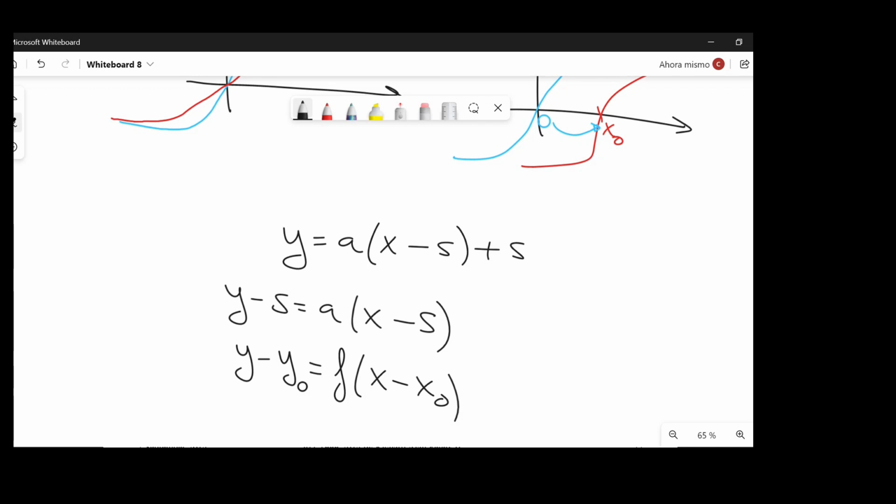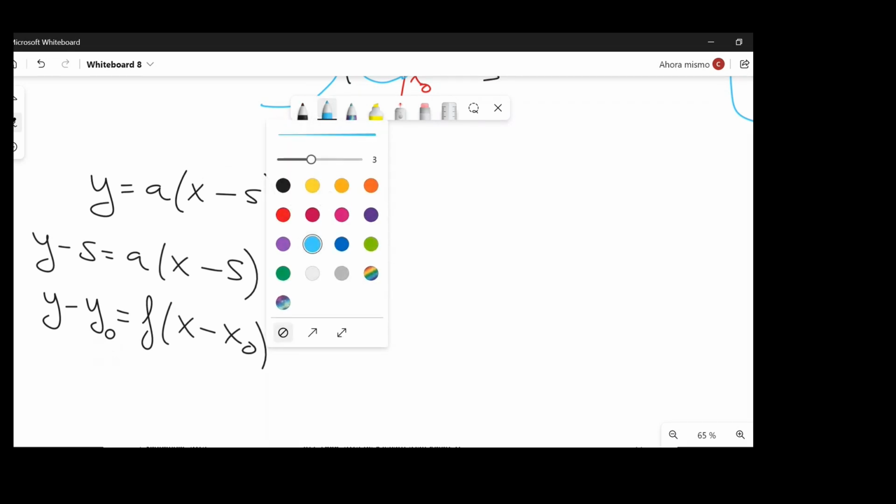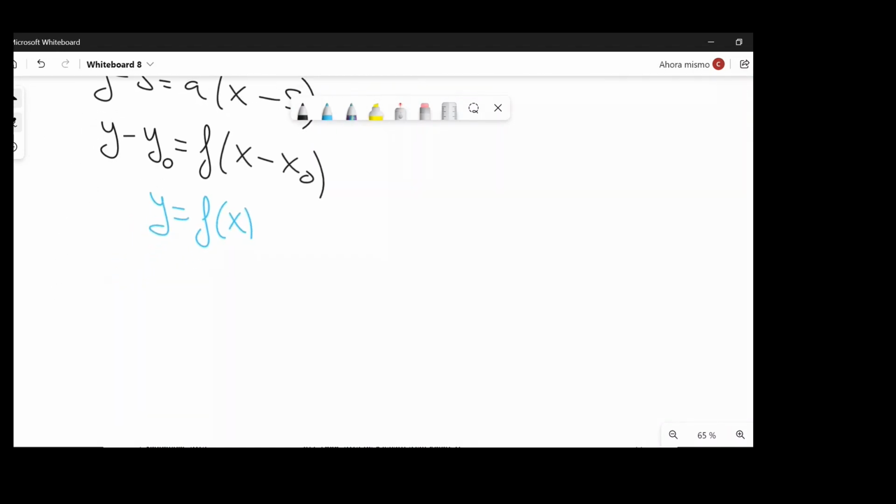So what does it mean? We already know this trick of shifting the x, but now we have a new trick that is the same, but now in y. So that means that, let's say this is our blue function. We have a function y is equal to f of x, whatever that function is. I always draw this kind of function because it is convenient.